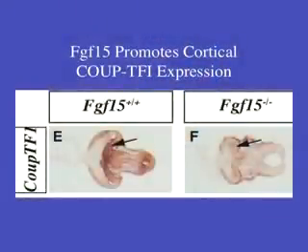So at this age, CoopTF1 expression is found in the caudal telencephalon, which is this region here, and not the rostral telencephalon, consistent with what I've been telling you, that CoopTF1 is not expressed rostrally. If you remove FGF15, CoopTF1 expression goes way down. So FGF15 is required to promote CoopTF1 expression.